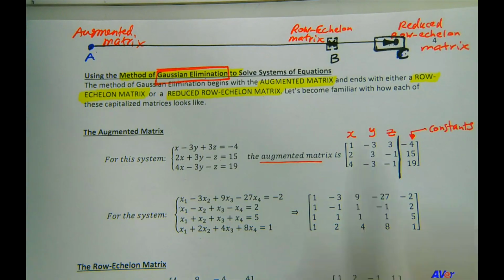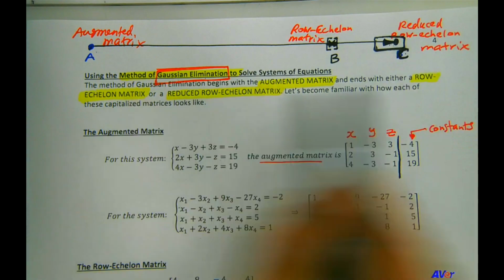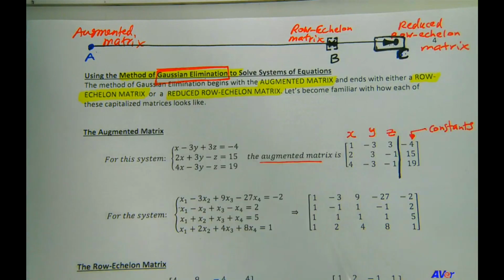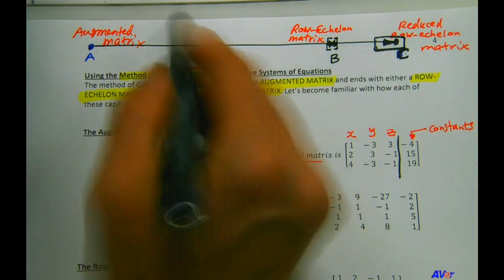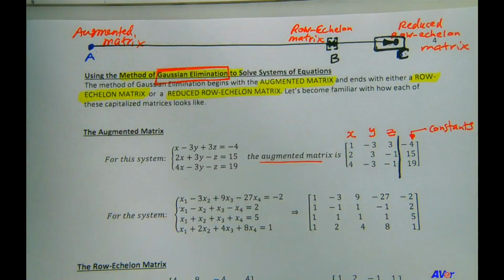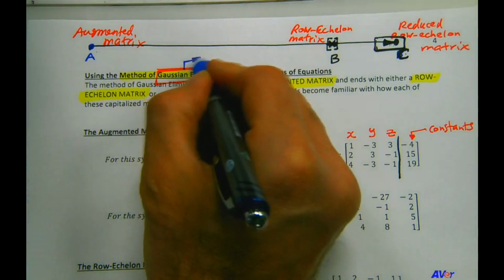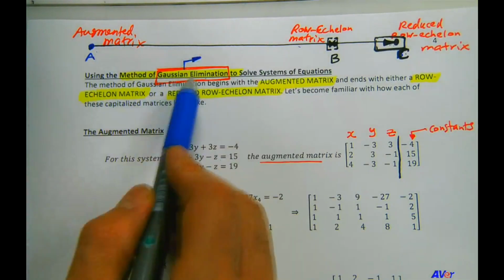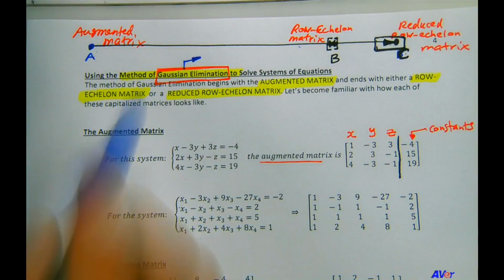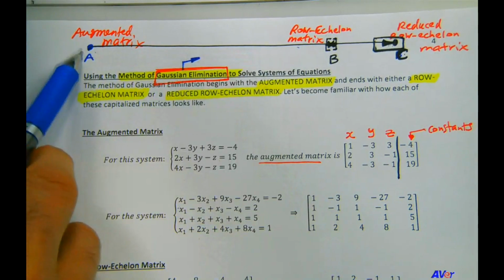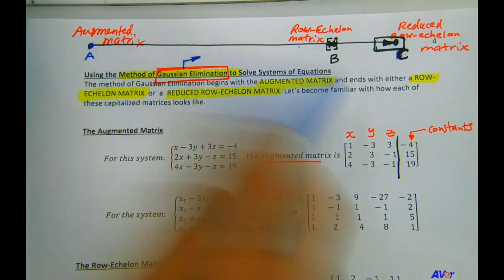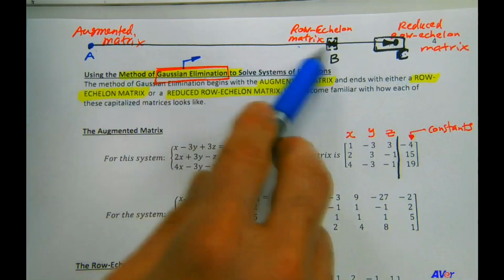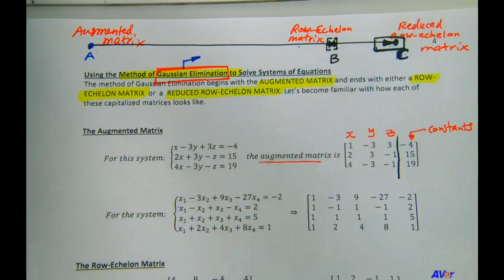So this diagram should clarify what these terms are. The whole diagram represents the Gaussian elimination method. At the beginning, the diagram begins with the augmented matrix and ends with either the row echelon matrix or the reduced row echelon matrix.